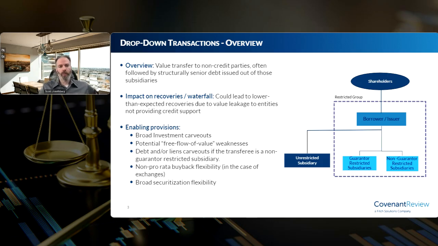And this trick works because of structural seniority. Now structural seniority is vis-a-vis the existing debt at the borrower or issuer. In the last session, when we were talking about up-tiering or CERTA transactions, we talked about up-tiering working because of lien priority and payment priority.